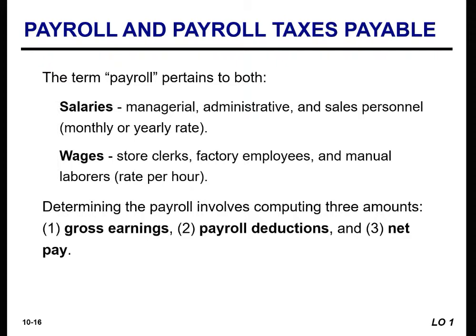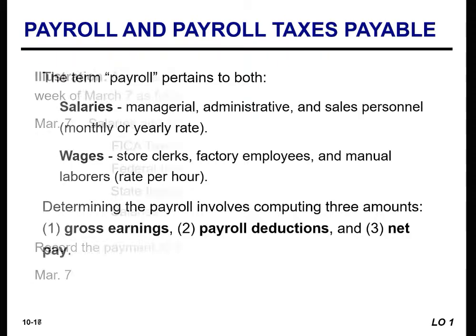Until those that are withheld from the employees are remitted to the government taxing authorities, they are carried as current liabilities. The secondary type of payroll liability is those related to the payroll taxes that are levied on the employer. These payroll taxes are the employer's share of FICA and then federal and state unemployment taxes.